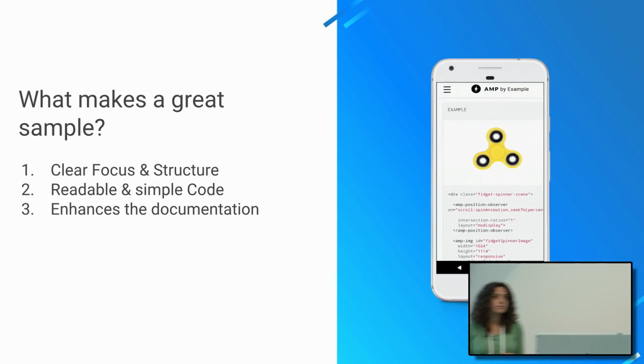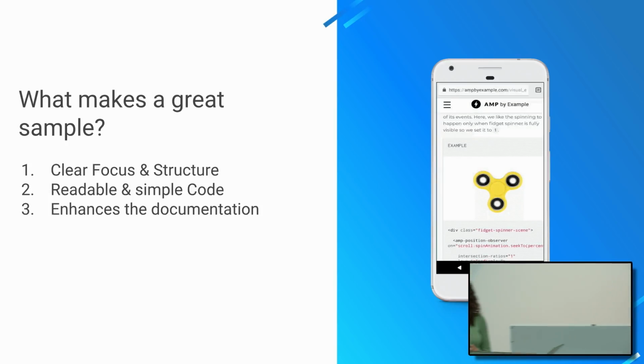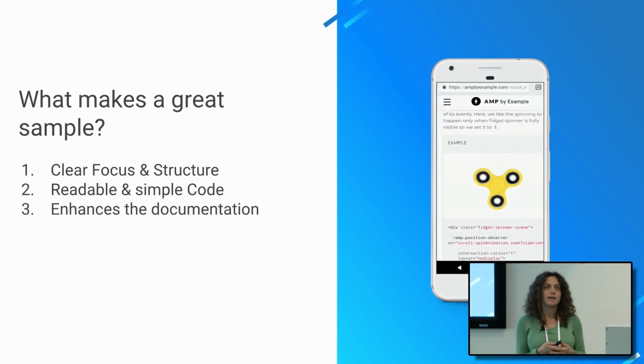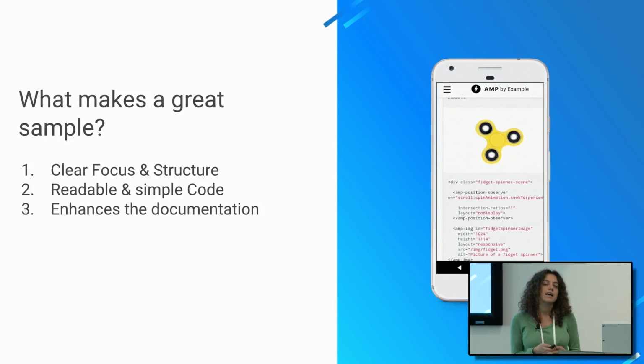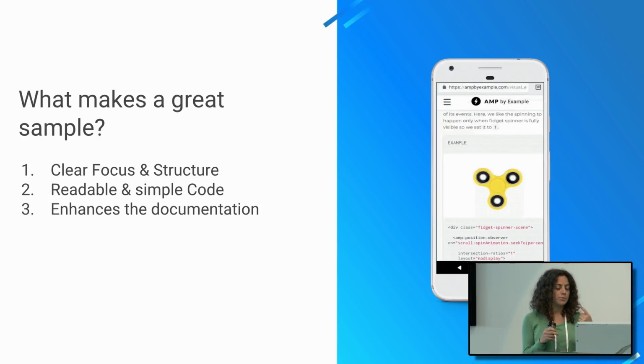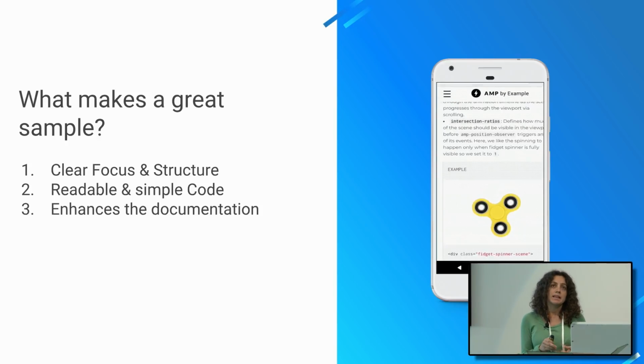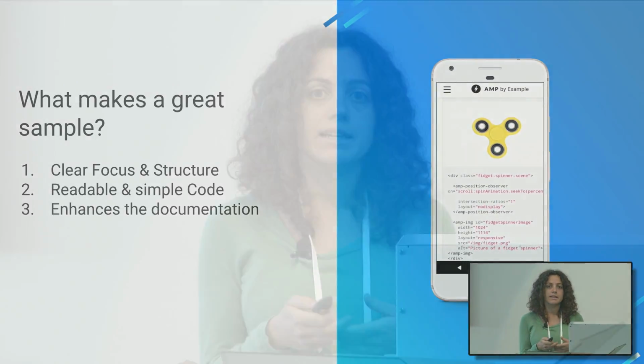So, I think I just wanted to recap what we've been through with these best practices. The first one is that when you write your sample, just keep a goal in mind while you're writing it, and follow a clear structure.